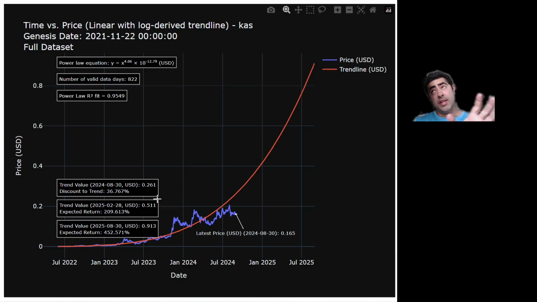But if Kaspa continues to follow the trend and it hits the trend line, in about 6 months, it would return 209%. For every dollar you'd put in, you'd walk away with $2 of profit. And if you continued that for an additional year, for every dollar that you put in, for a year total from where we are today, we'd end up with a return of about 452%.